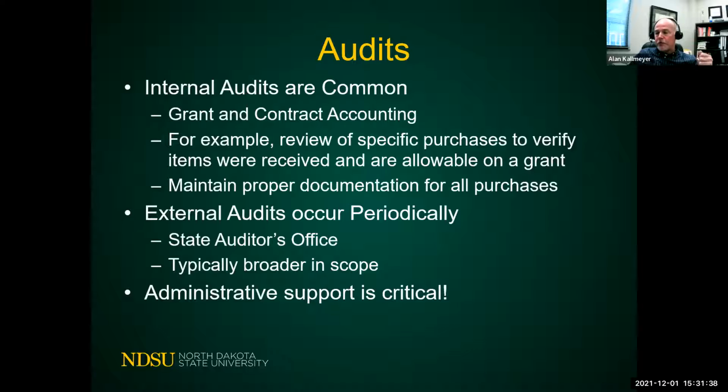Our account techs can go back, they can pull out that transaction, they can pull out the invoice, they can show where the equipment or materials have been received, and demonstrate that, yep, that was a legitimate purchase for that grant. So that is all a routine part of maintaining these grants. And this happens more frequently on the restricted funds, as opposed to your local funds.